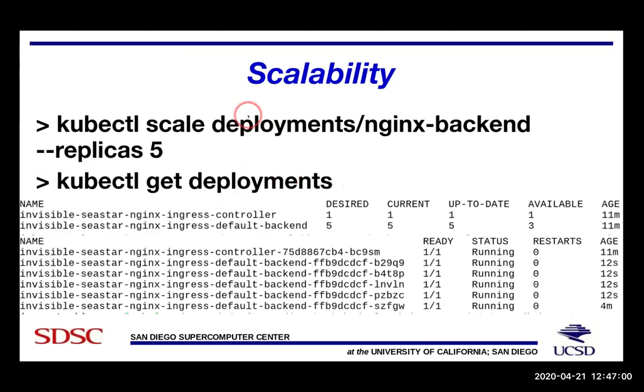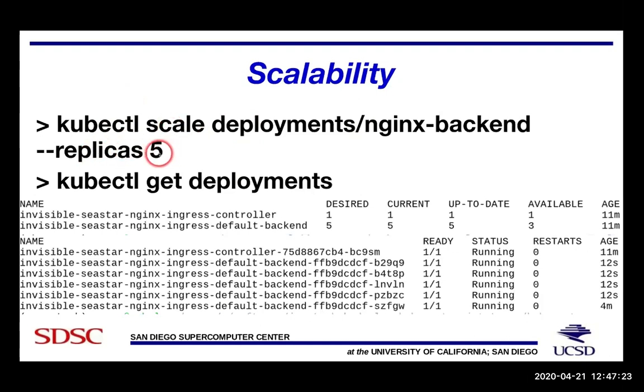Those deployments you can also scale. For example, if you need multiple copies of one container because you want to be able to handle more load on your setup, you can call scale and ask how many replicas you want.